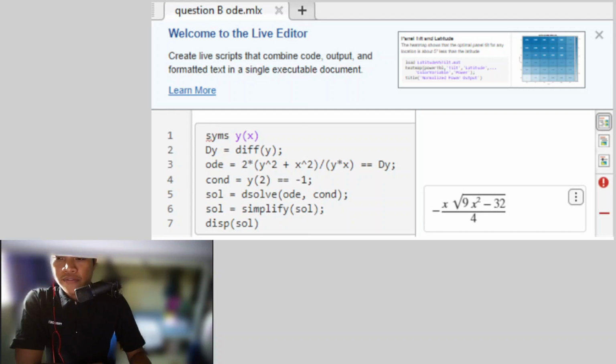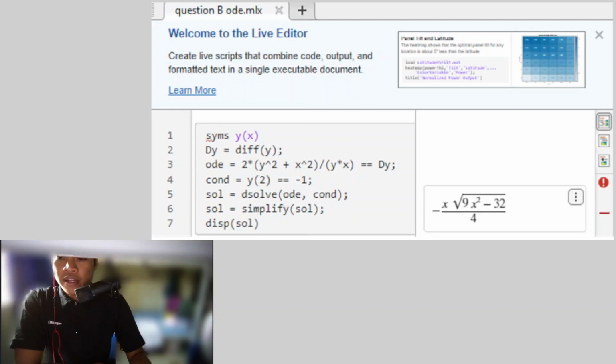Okay, line 5 solves the ODE using the dsolve function and stores the solution in y sol x in bracket. Line 6 simplifies the solution y sol x in bracket to get a more readable form.